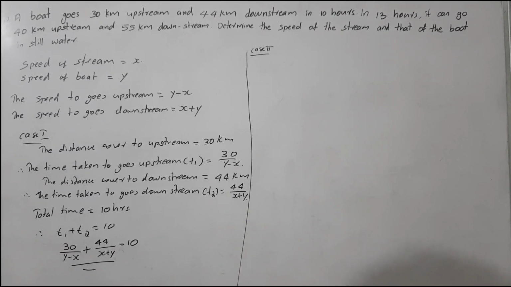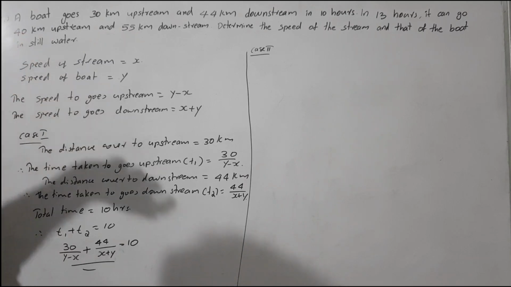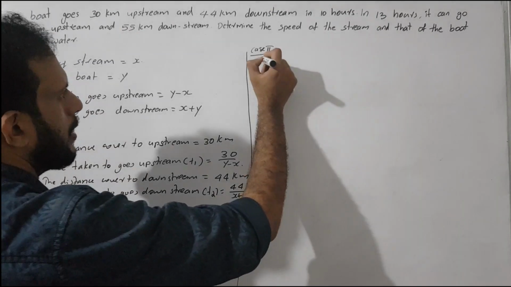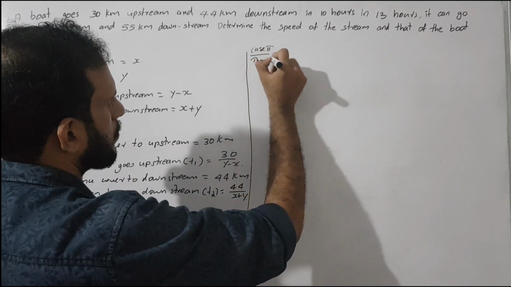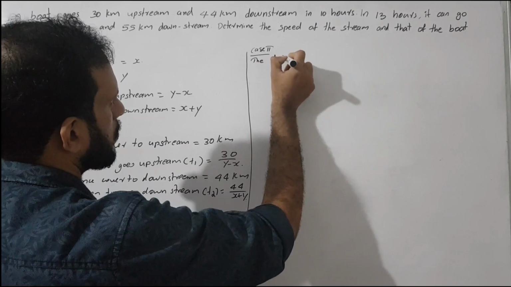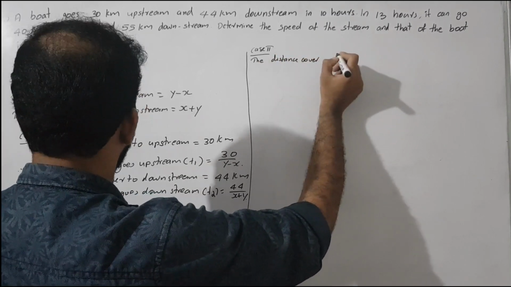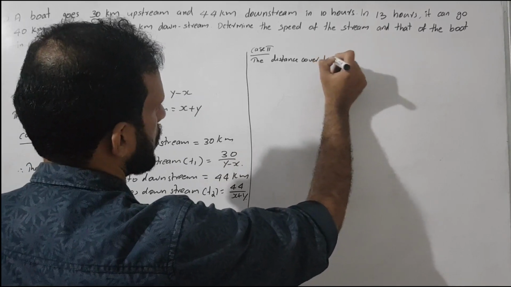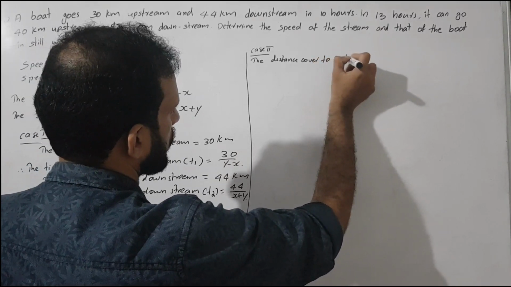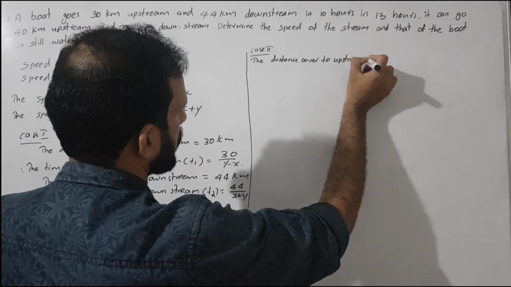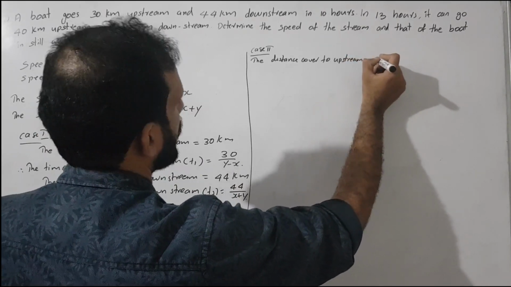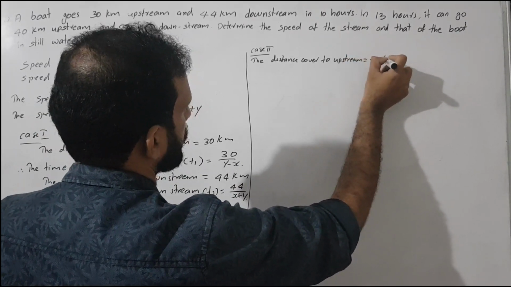Then what is the distance covered upstream? That is 40 kilometer. The distance covered upstream is equal to 40 kilometer.